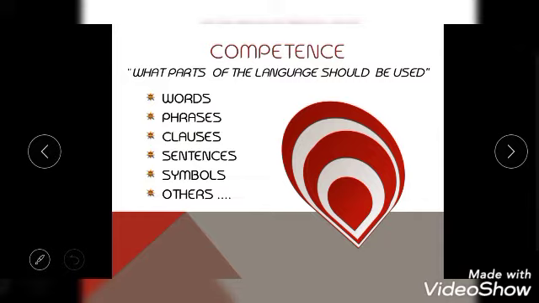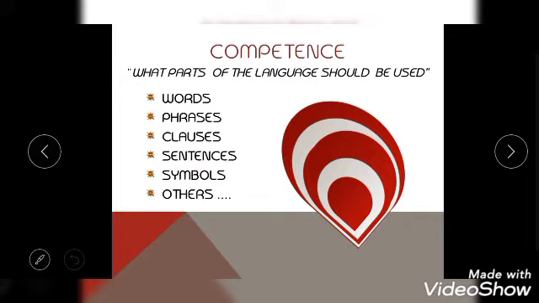So, the ability refers to the linguistic competence used by the speakers to convey communication. In a simple way, we could also state that ability is what parts of language should be used by the speakers.